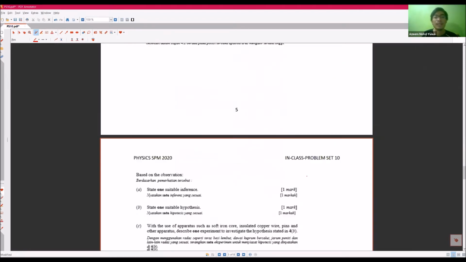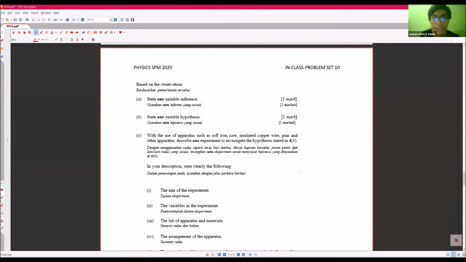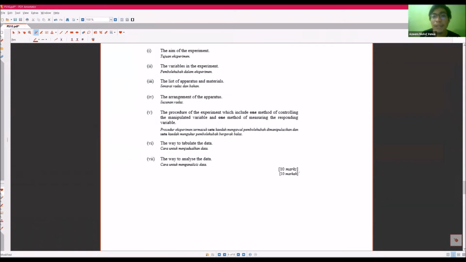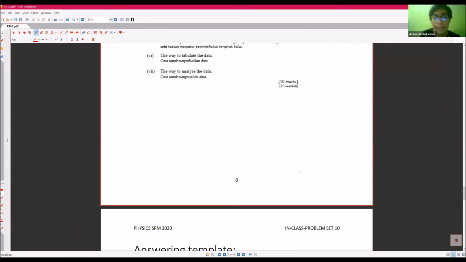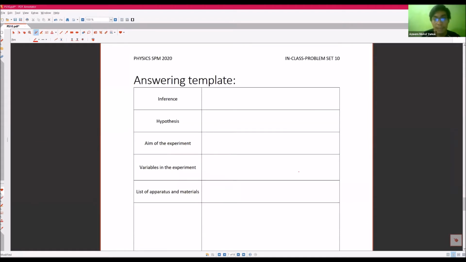Based on the observations, state one suitable inference and one suitable hypothesis. So let's write down our answer in our answering template. Like usual, you have to build the table yourself with a ruler. So the inference: the strength of electromagnet depends on the current.